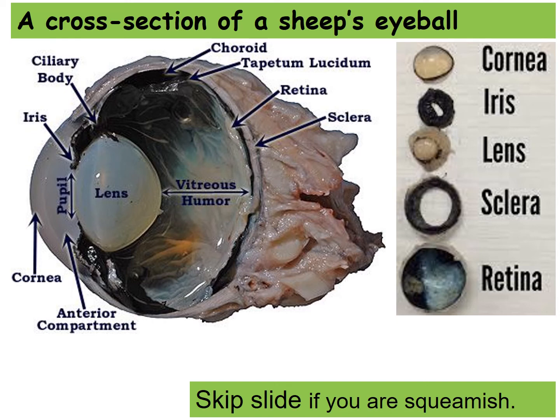It allows us to see all the different parts of the eye, because a sheep's eye is very similar to a human eye. It's got a cornea, it's got an iris, a lens, a sclera, a retina, okay? It's got everything. So have a look at that. If you really want to have another look, jump on YouTube. There's lots of videos of sheep eyeball dissections that you can have a look at.